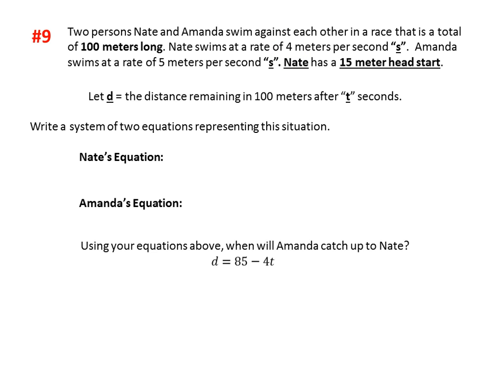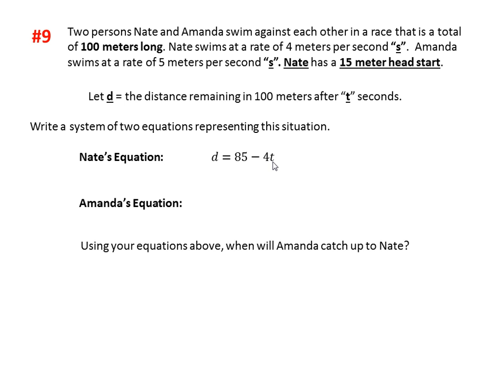So that means Nate's equation is going to be, his total distance is going to be 85, because that's how far he's going, minus 4 times t seconds. So after every second, the 85 is going down 4 more meters. So Nate's equation, his total distance will be 85 minus 4 times t.